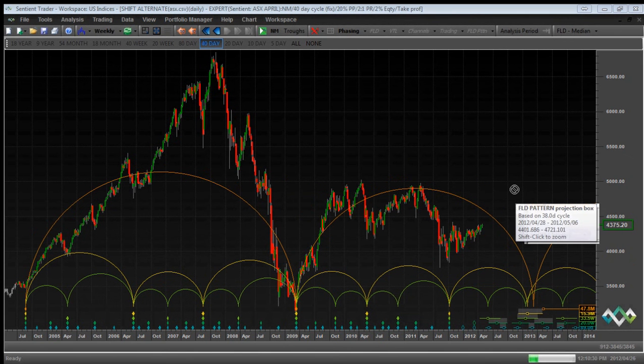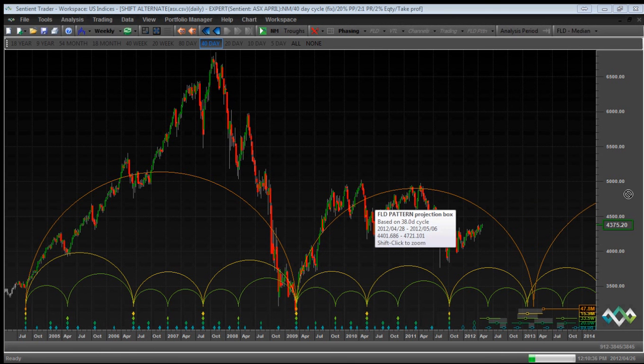So that's the 4.5-year cycle. That's what's happening in terms of the long-term picture. Now, Hurst's cyclic principles state that the prices of financial markets are moved by an infinite number of cycles.